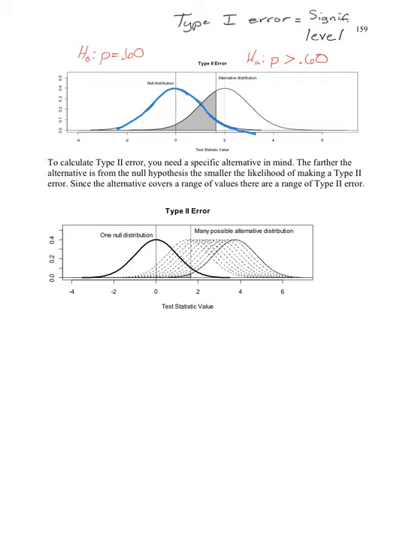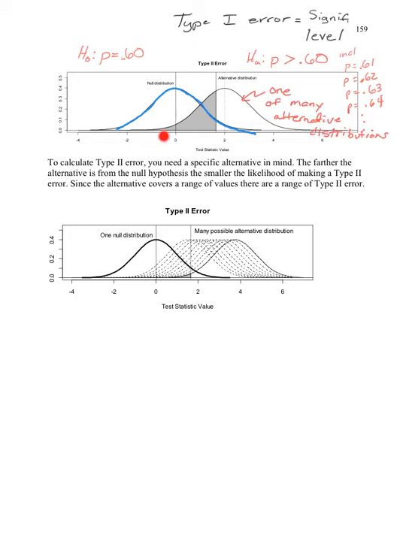There's a lot of values of p that are greater than 0.6. So that includes p equals 0.61, p equals 0.62, p equals 0.63, and so on and so forth. And it equals all those values and the values in between as well.